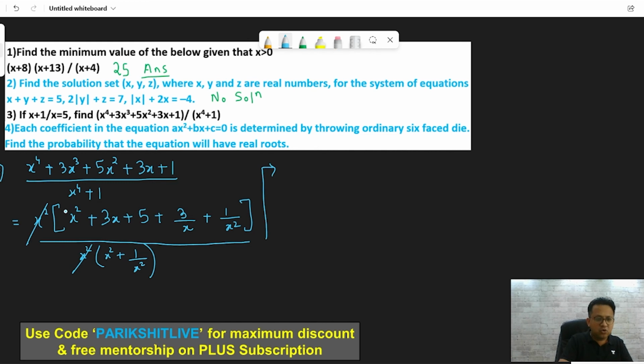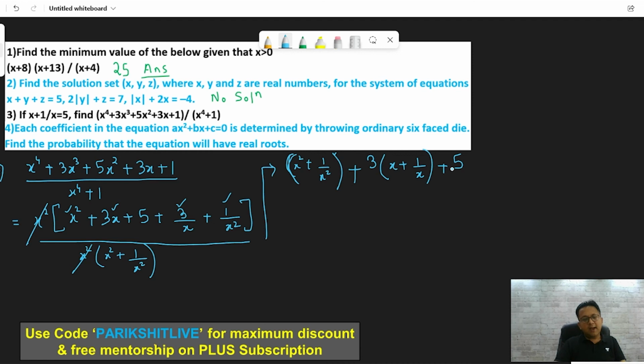Awesome. Let's take this further. I can group similar terms: x square plus 1 by x square. And then you have 3x plus 3 by x; you can take 3 common, 3 times x plus 1 by x.